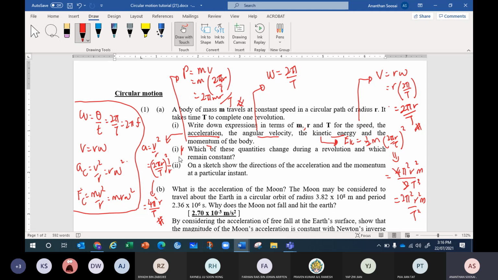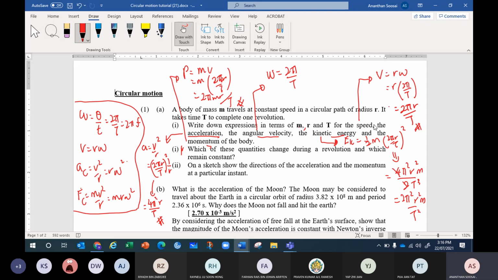Which of these quantities change during a revolution and which remain constant? Which is changing, which remains constant in one revolution? Directly they're asking which is changing. If it's a vector and the direction changes, then it changes, right? Okay, which changes?